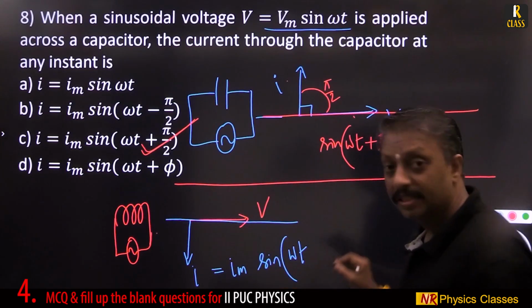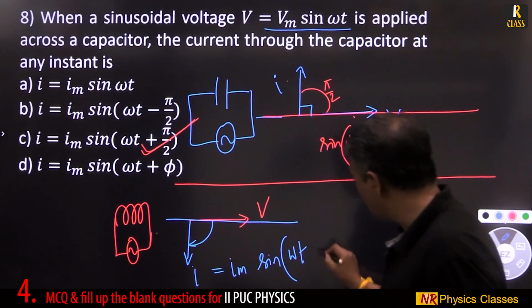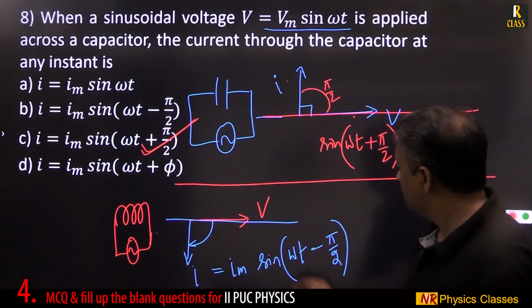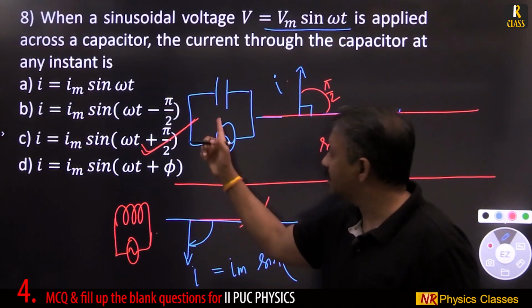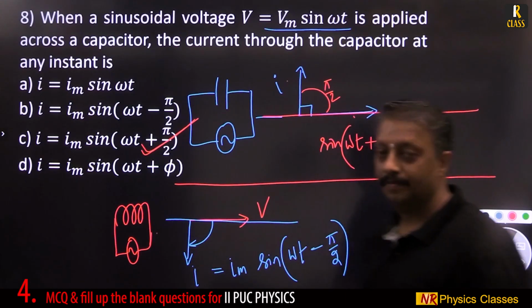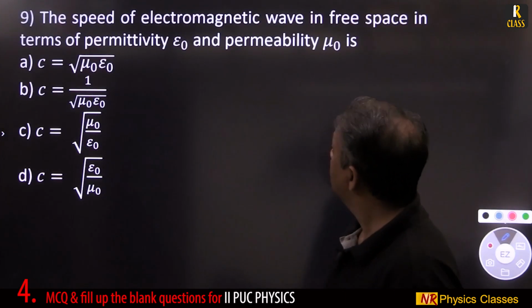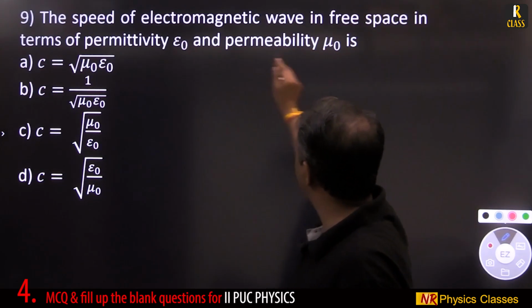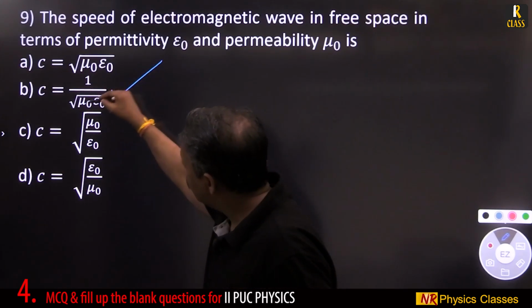Sine means positive x-axis. From there, clockwise rotation, clockwise means minus, angle is pi by 2. So sin(omega t minus pi by 2). This is for inductor and this is for capacitor. The speed of an electromagnetic wave in free space in terms of permittivity and permeability is 1 by root of mu naught epsilon naught.